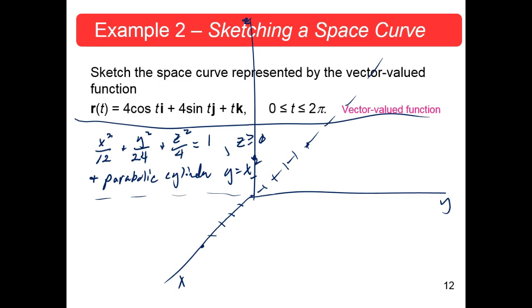So these are two intersection points there. Let's pick where x and z are both zero, and then what must y be?